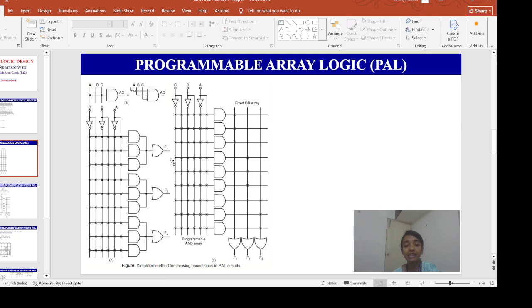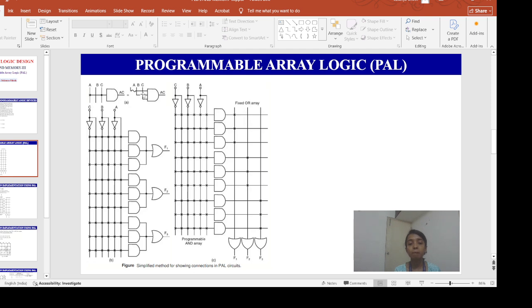Because only the AND gates are programmable in the PAL, it is easier to program, but it is not as flexible as a PLA.